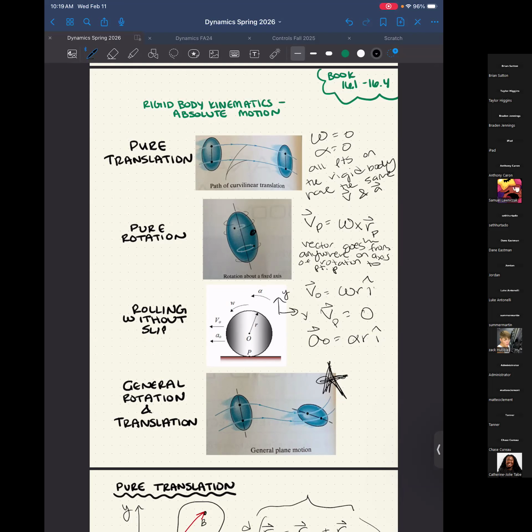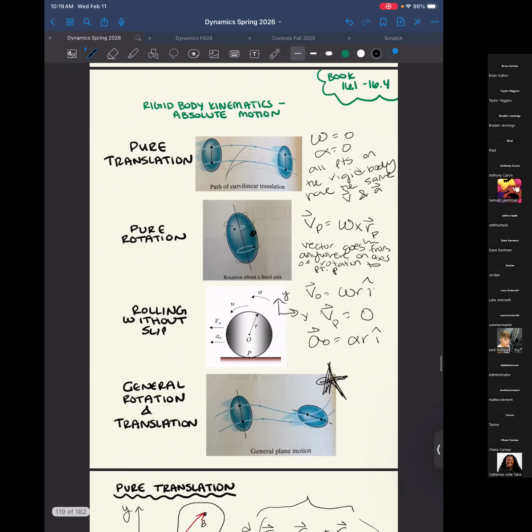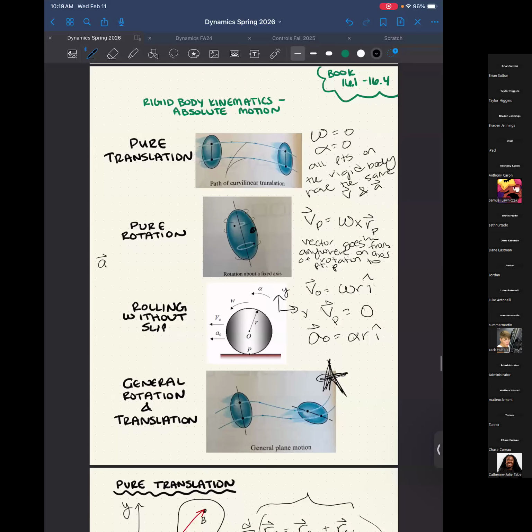Okay. So the acceleration of P equals alpha cross r P plus omega cross omega cross r P.